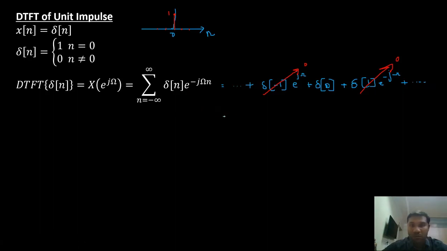So the DTFT of del of n is nothing but 1. This is X of e power j omega for del of n.